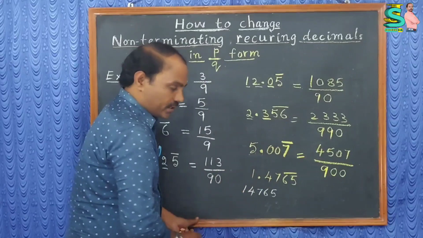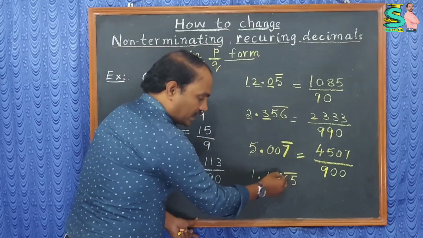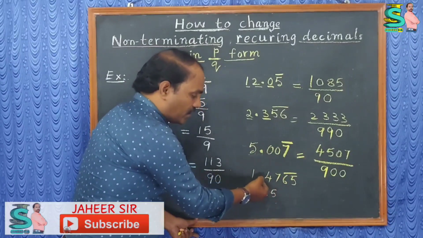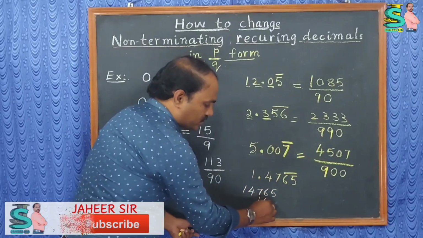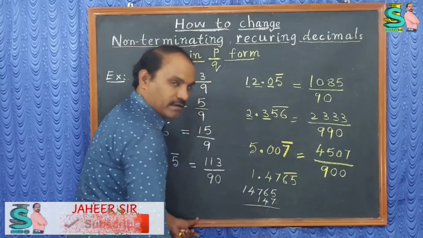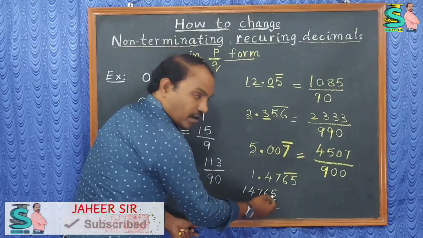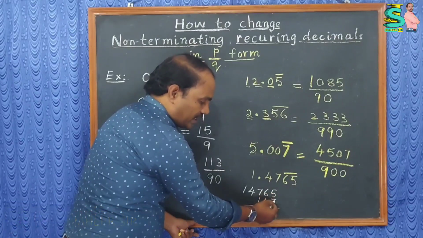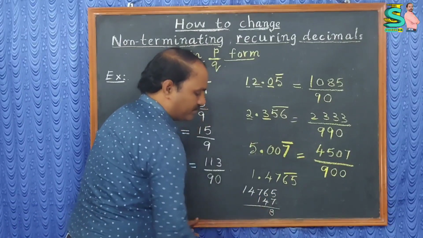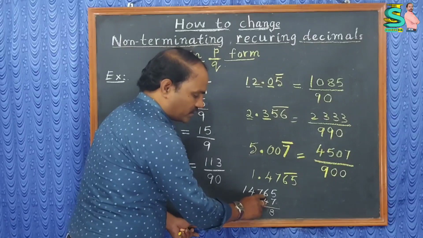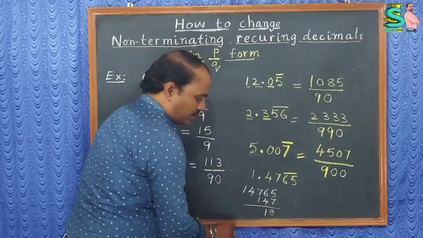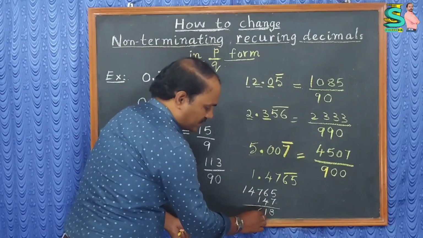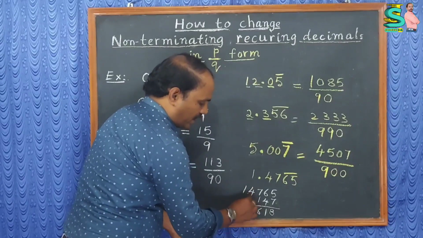Remove the bar and the point. And the digits which are not under the bar, 147, you subtract 147. Then how much do you get? 15 minus 7 means 8. Here 1 is borrowed, so 5. 5 minus 4 is 1. Here 7 minus 1 is 6, 4 and 1.